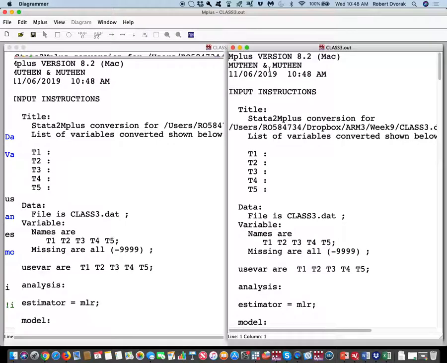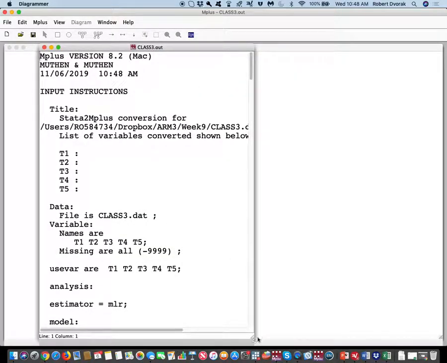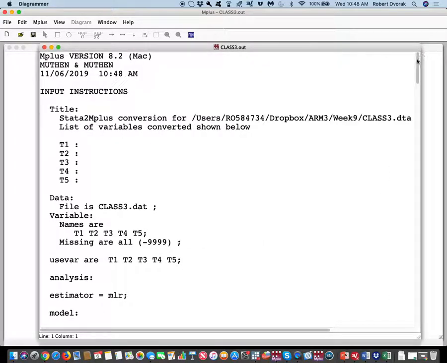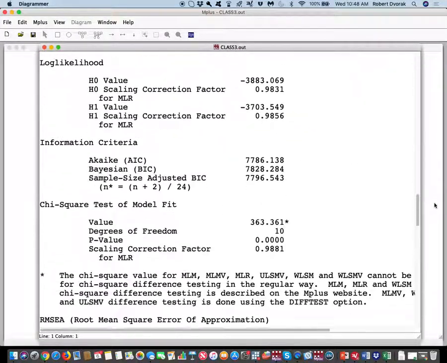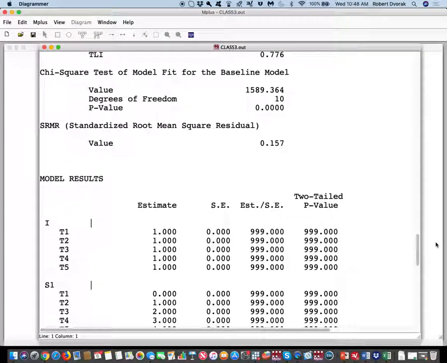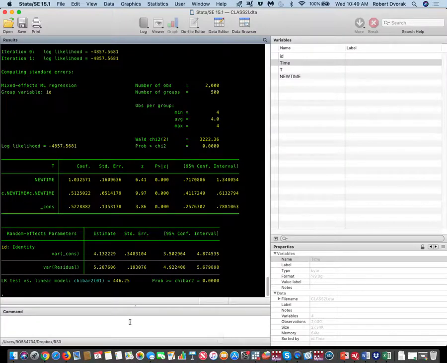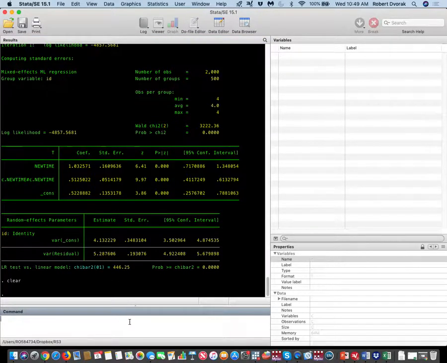Save, run, and let's check out our model. Model fit is not very good, right? We do have a slope across time. That slope is 1.474.